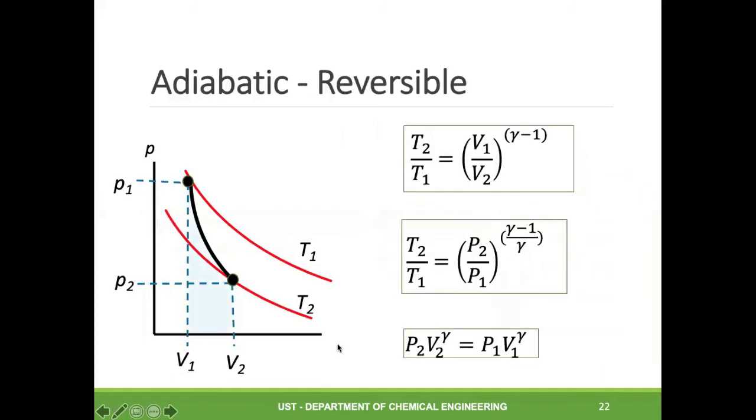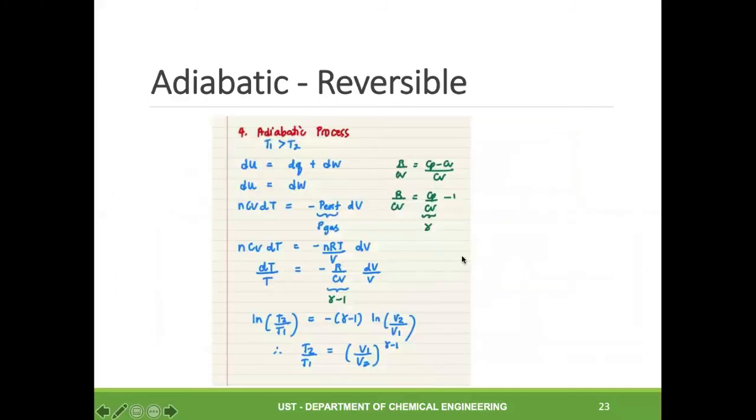Now, for adiabatic reversible process, we are no longer getting the relationship of Boyle's law and Charles' law. So we have a new set of equations for adiabatic reversible in terms of temperature-volume, temperature-pressure, and pressure-volume. Now let us derive one relationship.